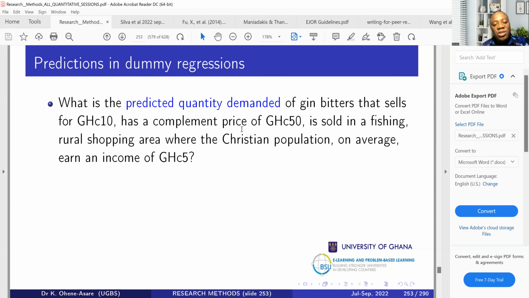So let's assume that currently we want to know the quantity demanded, the actual value of Q. And we have been given certain things. We have been told that the quantity demanded we are looking for has a price of 10 Ghana cedis. Now, this means that the equation must be ready.